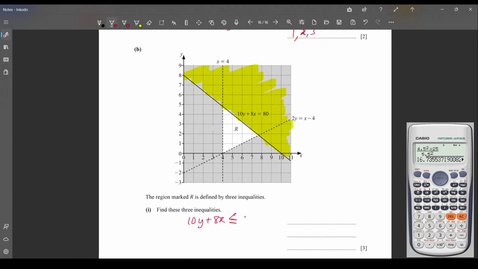so the line is equal to 80. So this is one of the inequalities. The other inequality will be this one. This is the shaded one actually, but this is the unwanted region and the required region is opposite to that, so we'll again take the opposite sign.